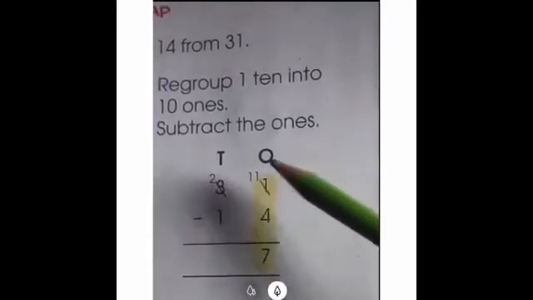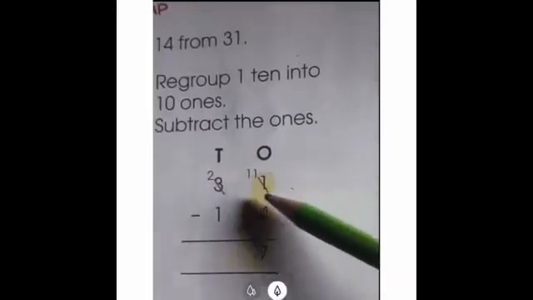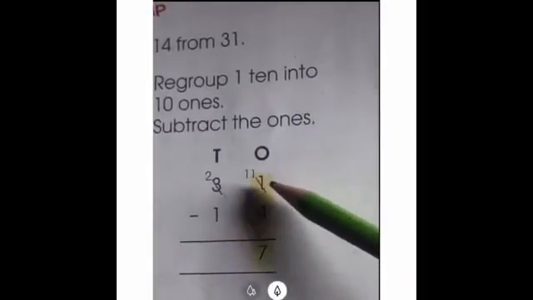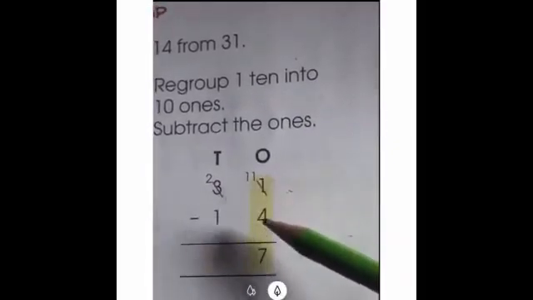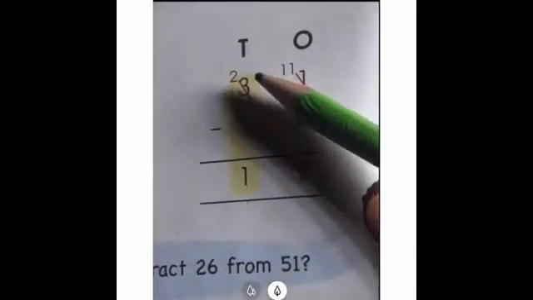Okay, you can see it becomes 11 and it becomes 2. Now you can subtract both numbers because the top digit is bigger than the bottom digit. Now 11 subtract 4 is 7. Now move to the second step. It becomes 2. Now you will subtract both numbers because the top digit is greater than the bottom digit. 2 minus 1 is 1. Now you get the answer.